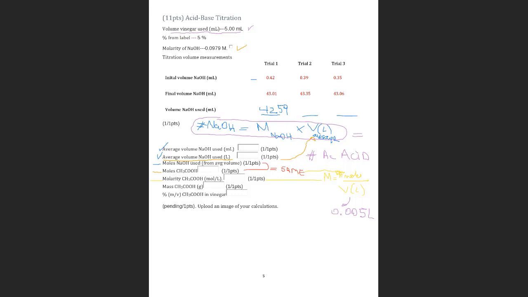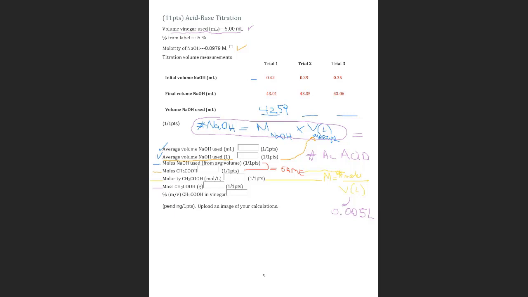And then the last part is we are asked for the mass of the acetic acid. How do we calculate the mass? You have the number of moles. So you multiply by the molar mass and you get the mass, right?